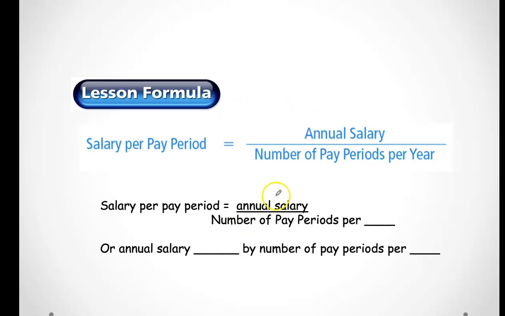So this is what it says in your notes: annual salary divided by the number of pay periods per year, or the annual salary divided by the number of pay periods per year. Okay, so I wrote that two different ways because this fraction bar here means division. So I wanted you to make that clear.